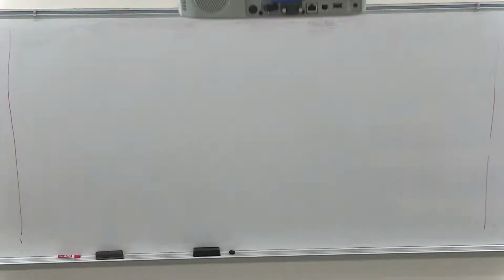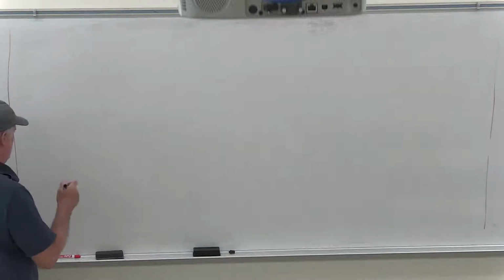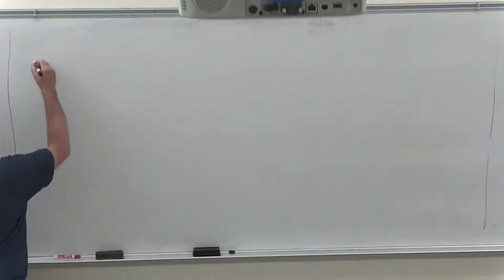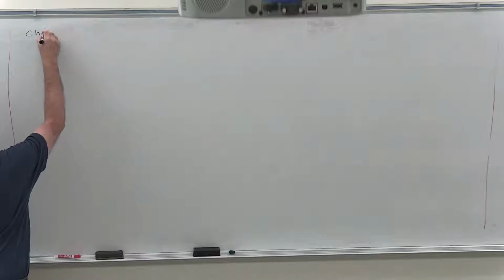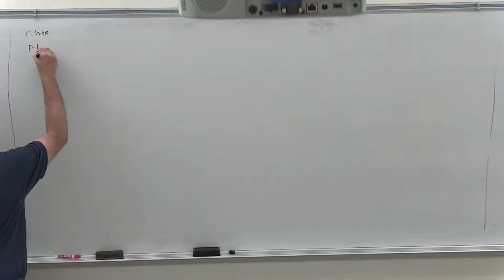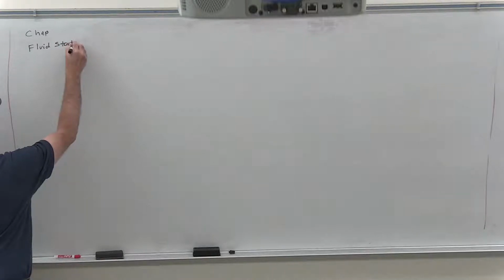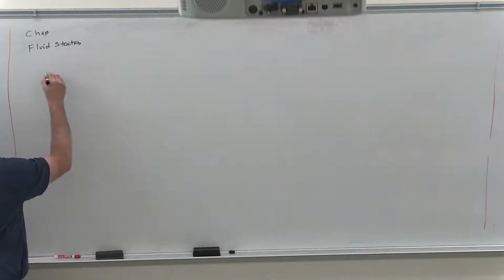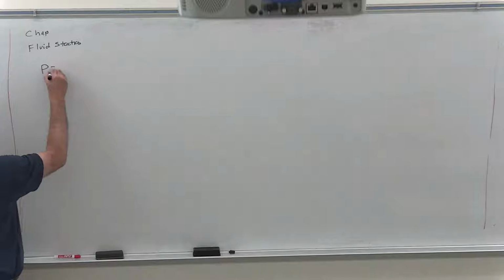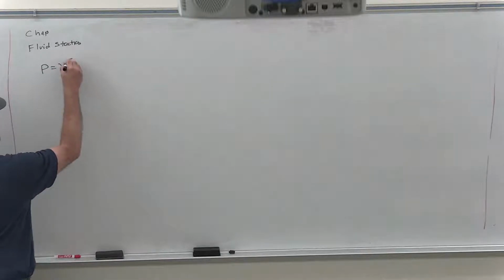All right, I might as well start. See, so this is chapter 2, as they say. And he calls that fluid statics, I think. And it basically revolves itself around this equation, which we'll find out later.